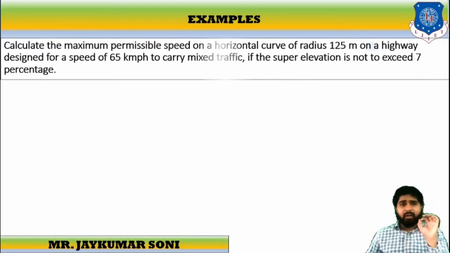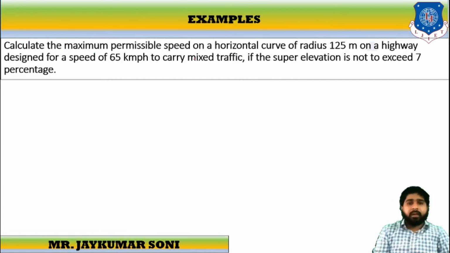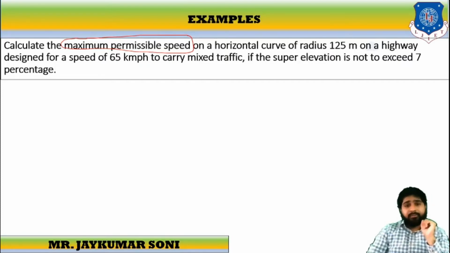The statement of the example is given over here. Calculate the maximum permissible speed, which means we have to go to the mixed traffic condition criteria.